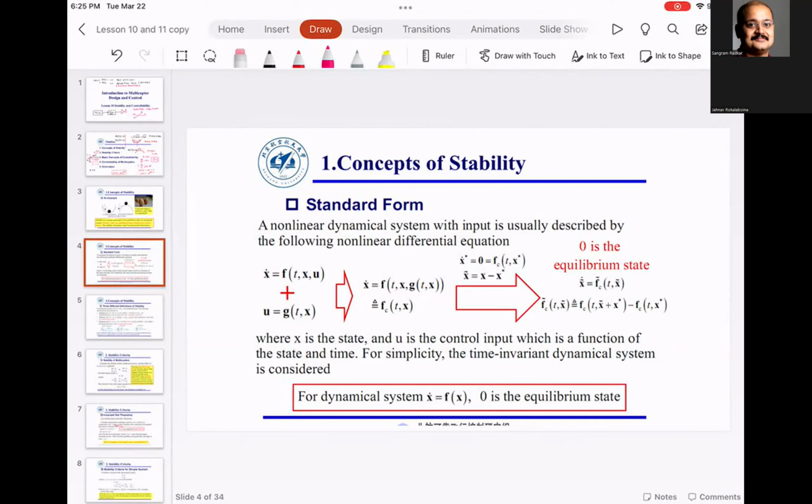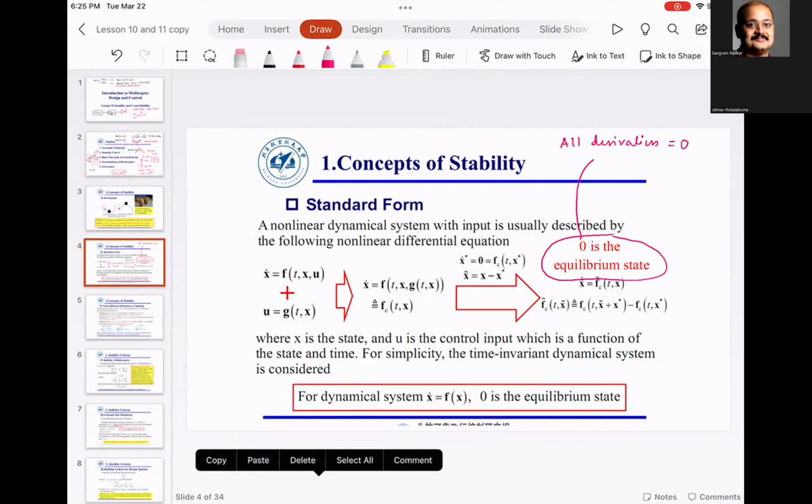Equilibrium point is when all the derivatives are equal to 0, and that is also called the equilibrium state. So equilibrium state means all derivatives are equal to 0.